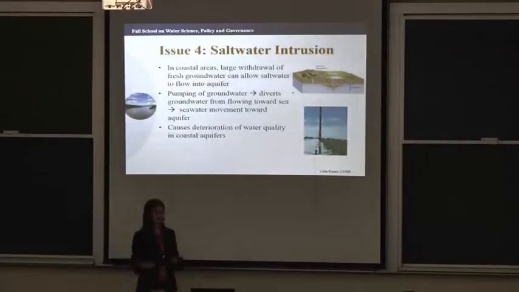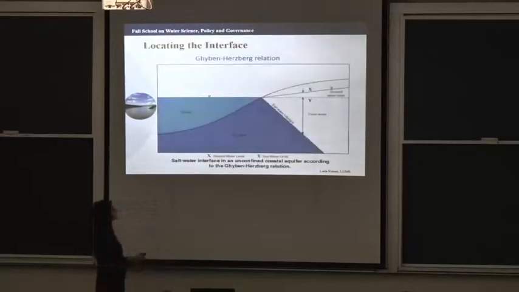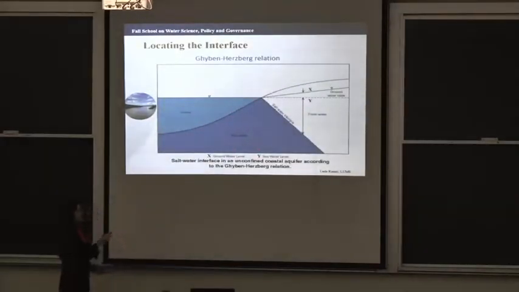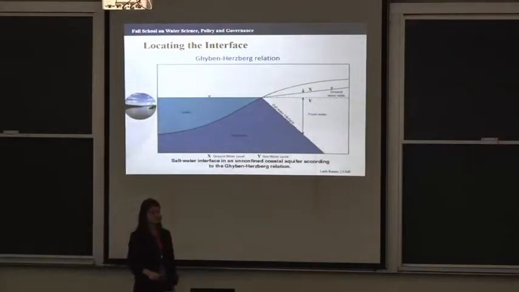Then you start pumping, for example, here. If you start pumping here, what happens is this salt water will start intruding in. This is your ocean. It makes this section salty. And this is your fresh water, and this is the interface. There is a general principle.